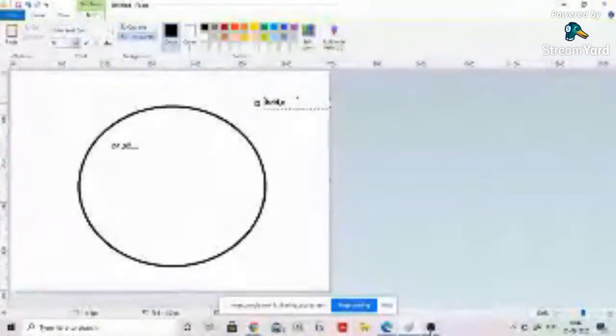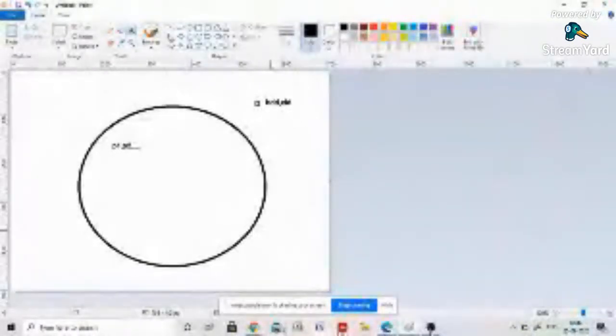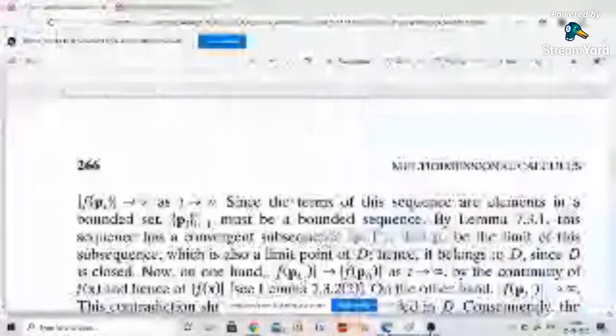Bounded and closed. So since D is bounded, sure, definitely P1, P2, etc. will be bounded. Okay, so that is the idea.